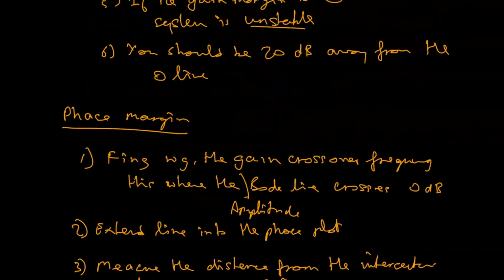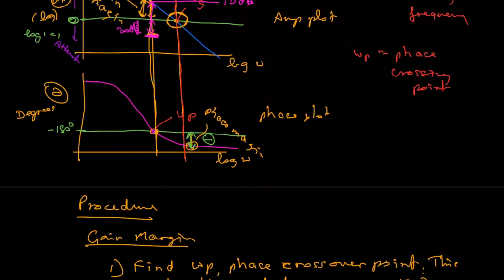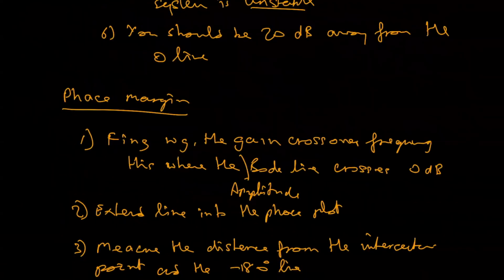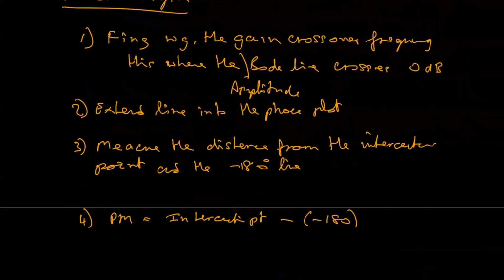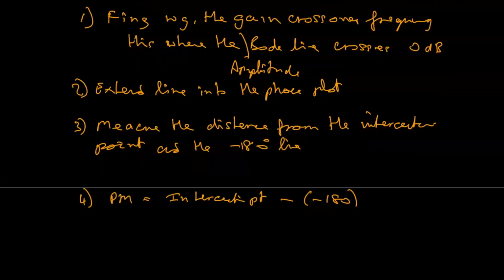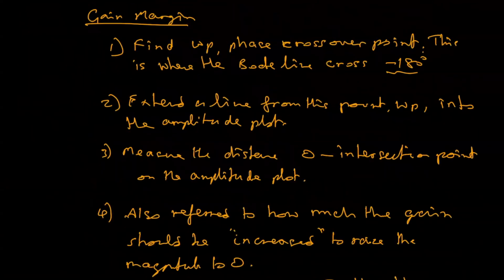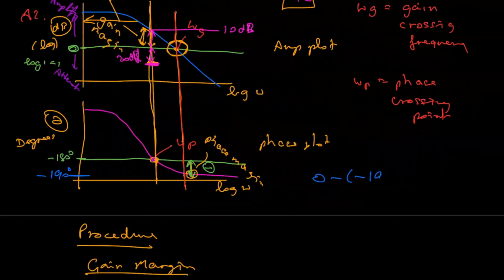To give you an example, let's say this point here, where it intersects, was minus 190 degrees. So the phase margin is minus 190 minus minus 180. Sorry, it's the intersection point, so it's the wrong way around.